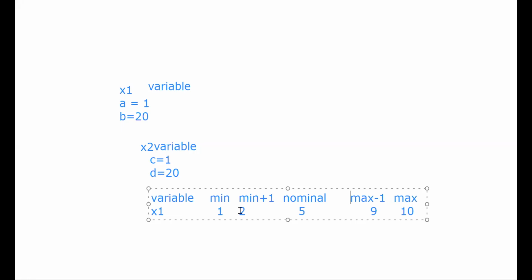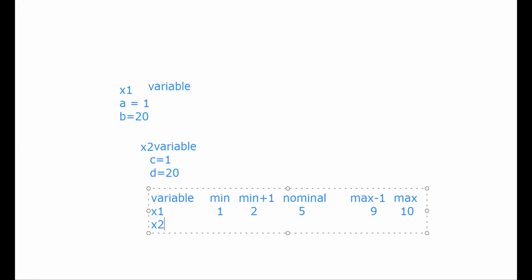I hope all of you are aware of this. Similar to this, the second variable x2 will come into picture, with the same values because we have the same range. But keep one thing in your head: it is not mandatory that you always have the same ranges.